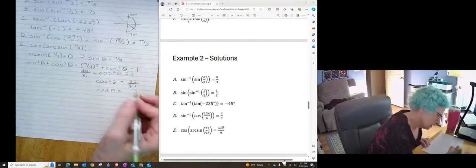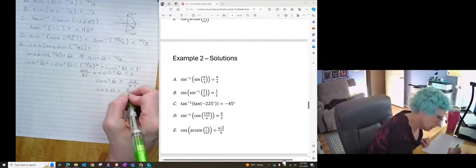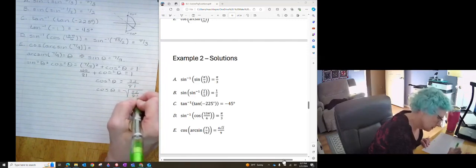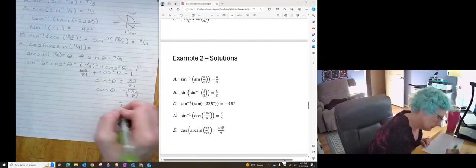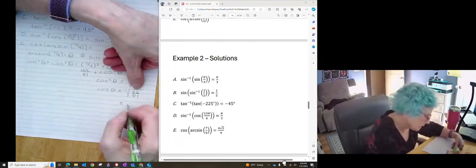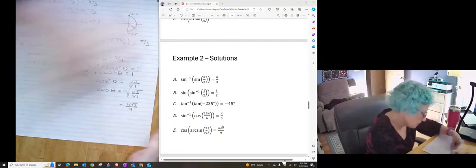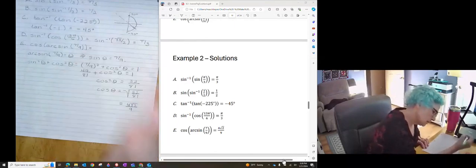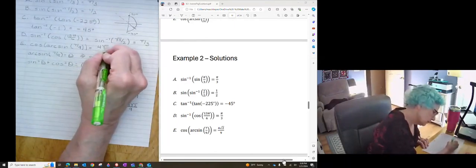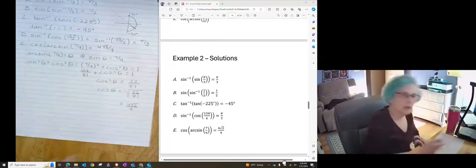So cosine of theta is equal to the square root of 32 over 81. And let's see, this is 16 times 2. So 4 times the square root of 2 over 9. So this is 4 times the square root of 2 over 9.